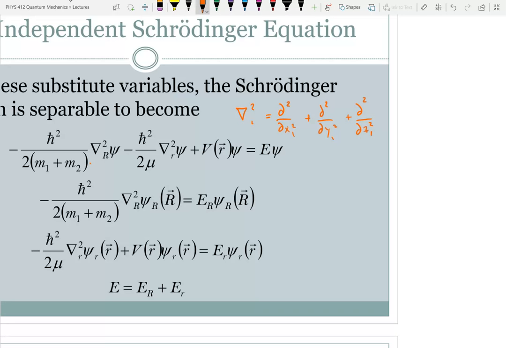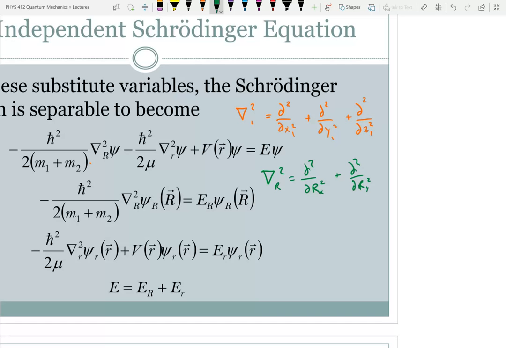So that was del 1 squared, right? So the 1 was derivative with respect to x1, derivative with respect to y1. And so we had del 1 squared and del 2 squared. Now we're going to have something like this, right?